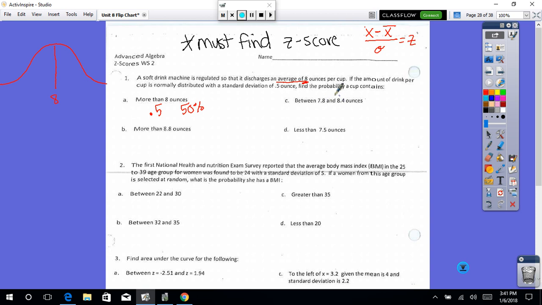Over here, let's calculate our z-scores first, and then we'll figure out what we're going to put in the calculator. My first is between 7.8 and 8.4 ounces. So I have 7.8 minus my average of 8, over my standard deviation of 0.5, and then 8.4 minus the 8 over my standard deviation.